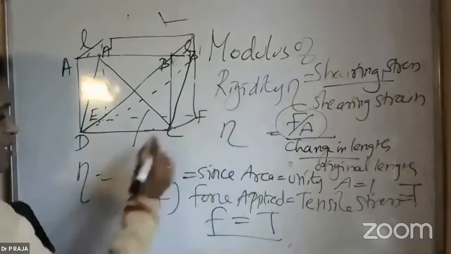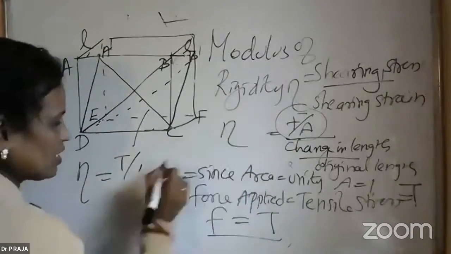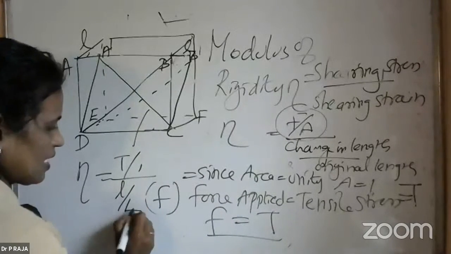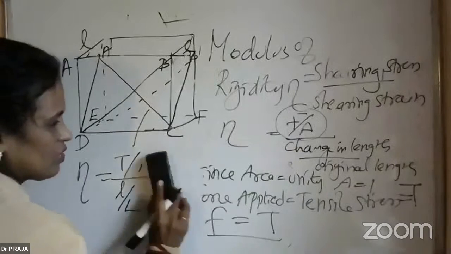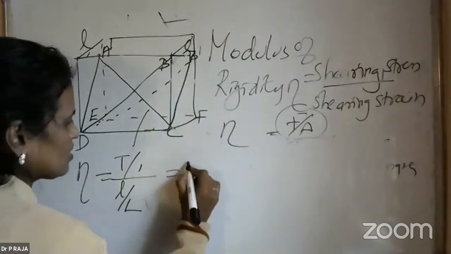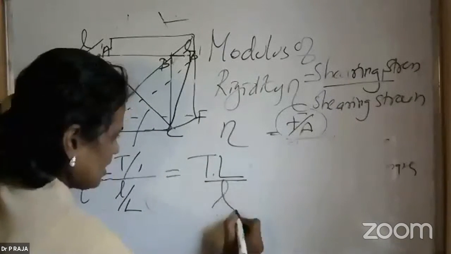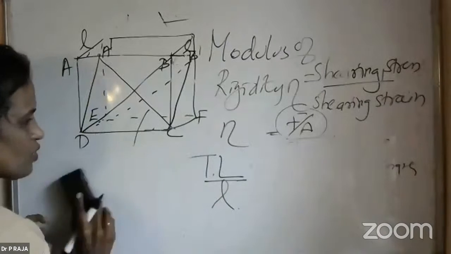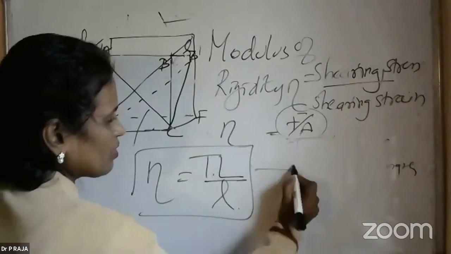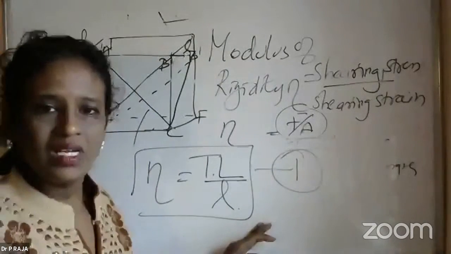So the numerator will become T by unit area 1, and this will remain as L by capital L. Again, I'm going to write it as T into L by L, so eta is going to be T into L by L. This will be our first equation. We will come back to this first equation later on.